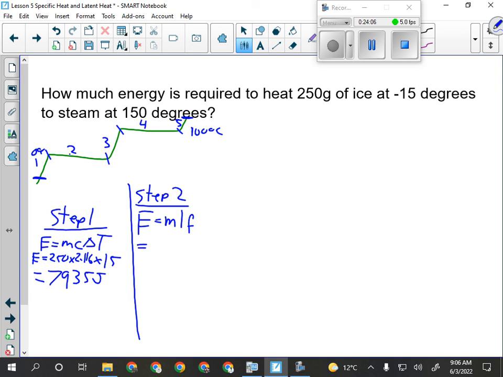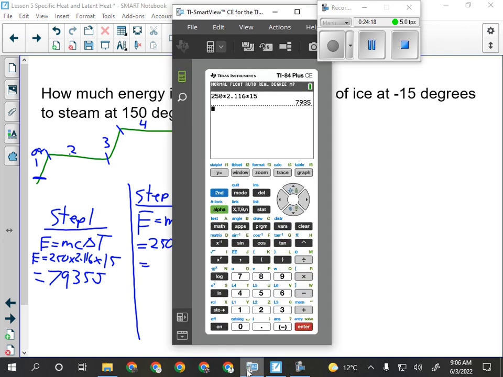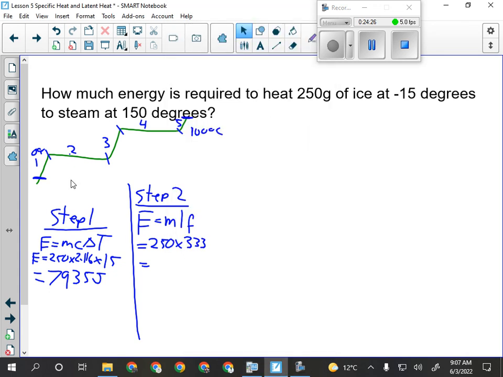So that's going to be 250 grams times L F, which is 333 joules per gram. So 83,250 joules.